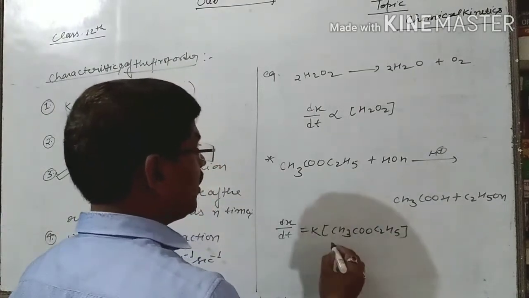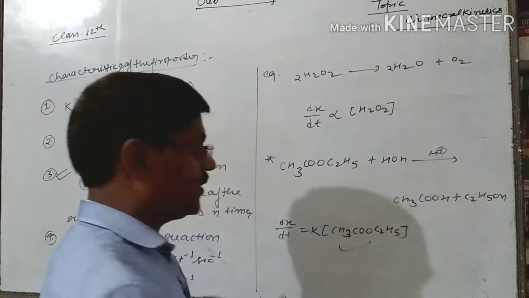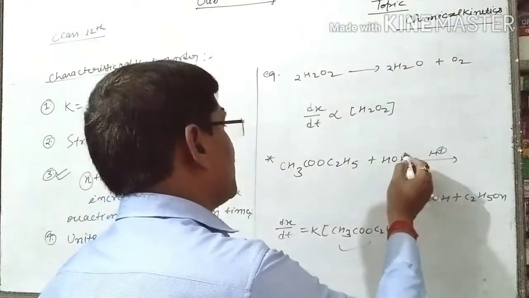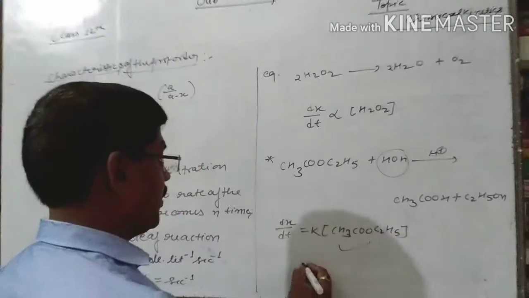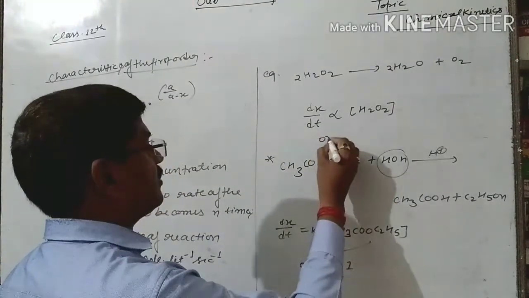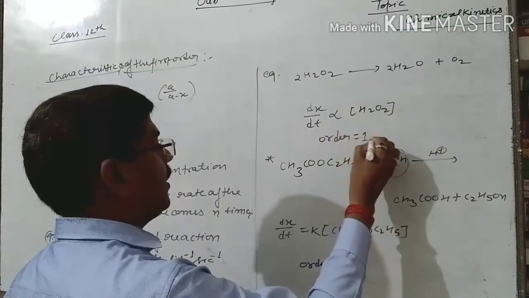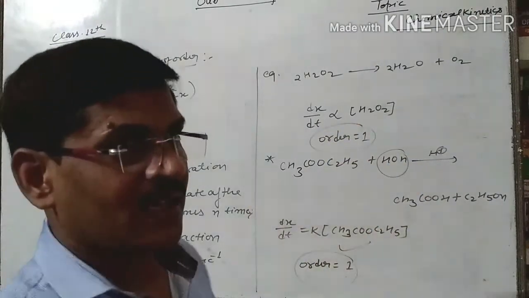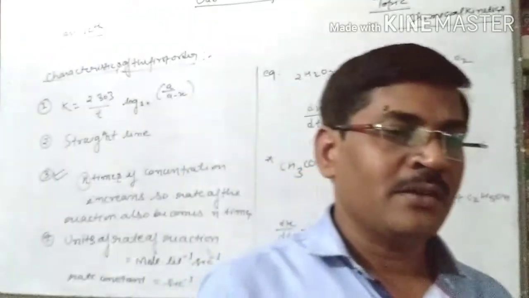It means it depends only and only on the concentration of ethyl acetate, not on any other, it means not on the water. So the order will be 1. These are the examples. Some others you also have to see. In them the order will be 1.